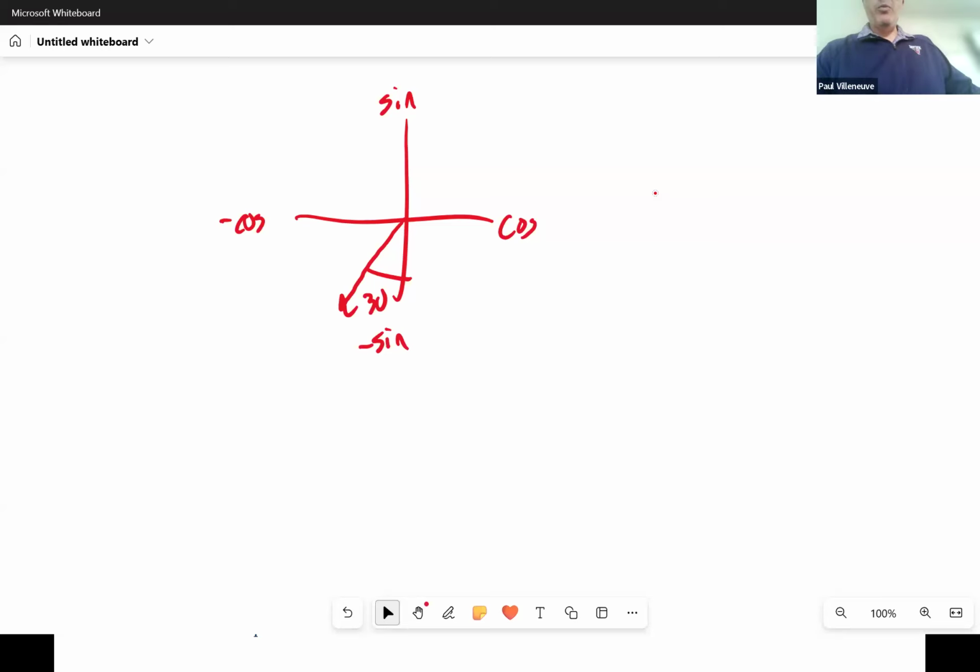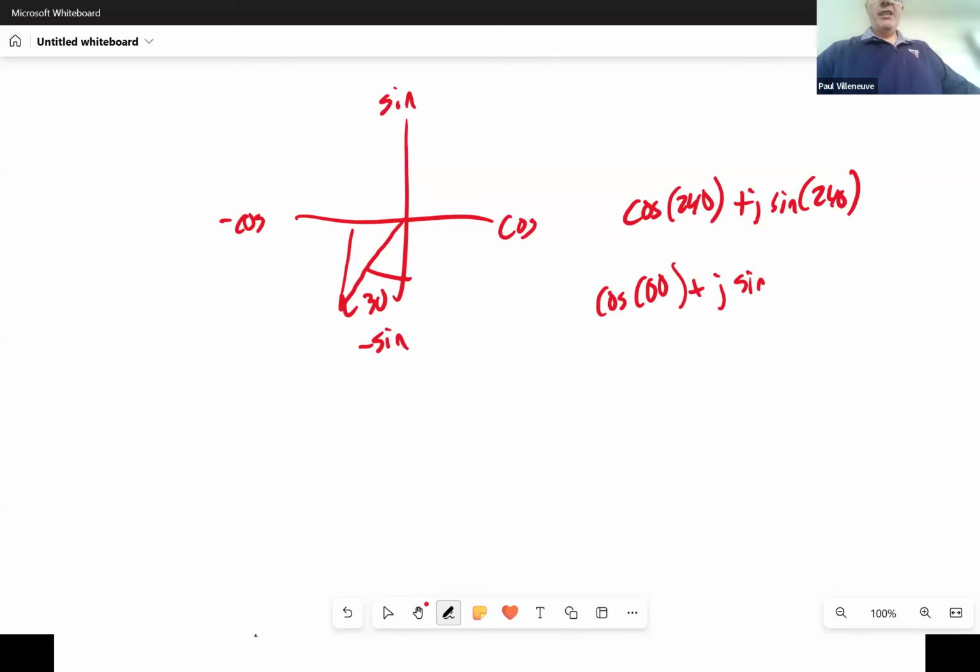So what we can do is the cosine of 240 plus J sine of 240, right? That could be the result that we get. We also can see that over here, it's 60 degrees from the cosine axis. So we can certainly do cosine of 60 degrees plus J sine of minus 30.